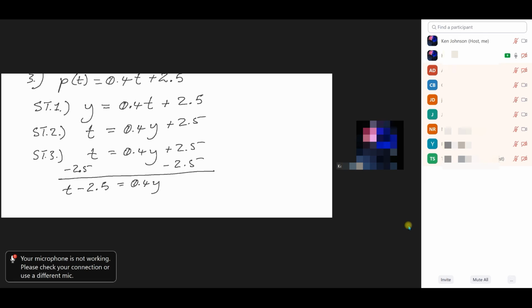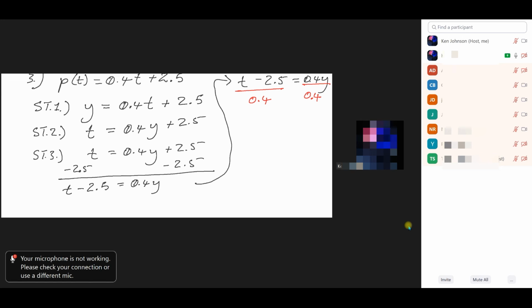And then I'm going to rewrite that. All right, and then we're simply solving for y. So what we will do, we will divide both sides by 0.4.